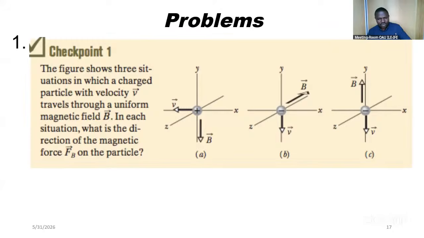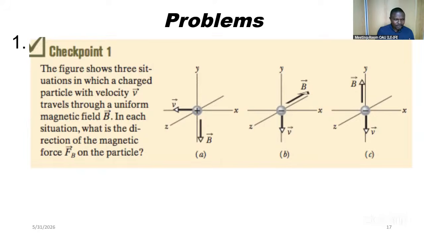How many of you can see the question on the slide now? Checkpoint. You can see figure A, figure B, figure C. The figure shows three situations in which a charged particle with velocity travels through a uniform magnetic field.